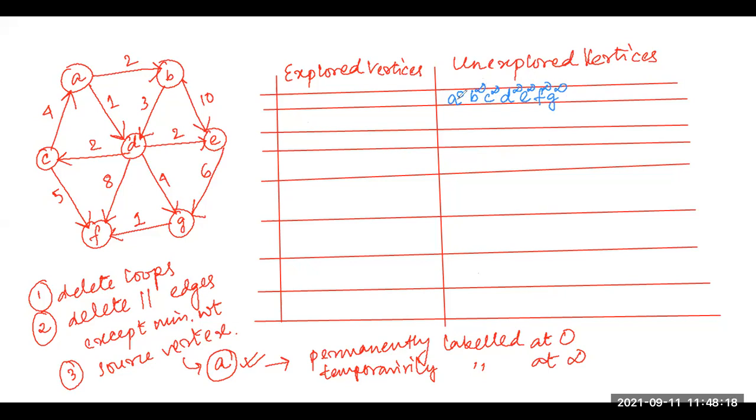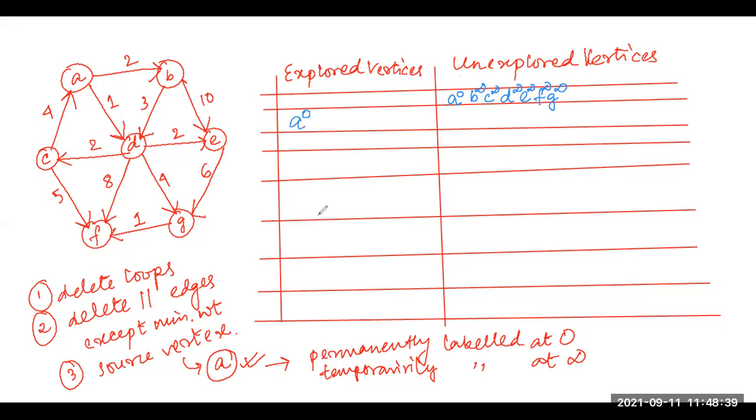A's weight is 0 and all the other vertices' weight is infinity. So obviously 0 is less than infinity. So I will choose the vertex with the minimum weight from my unexplored vertices list, and keep it in my explored vertices list.